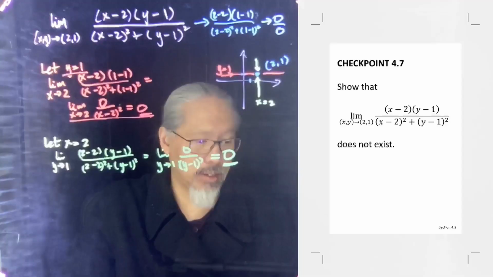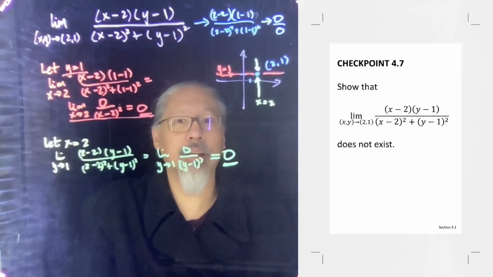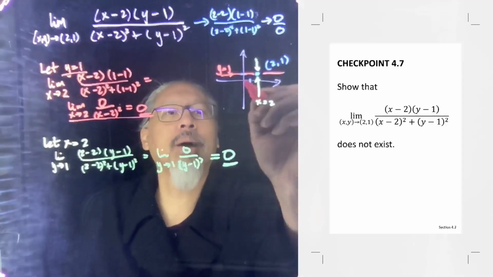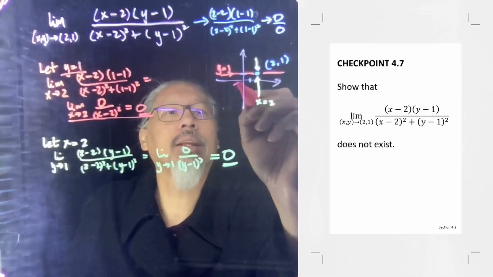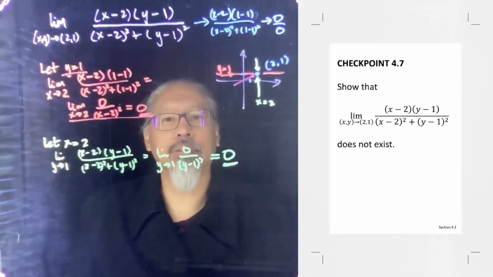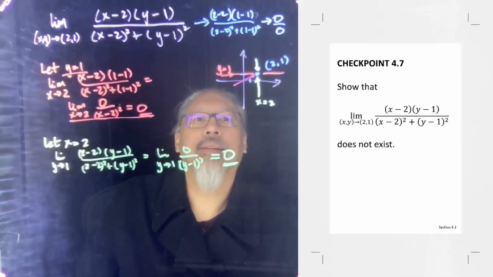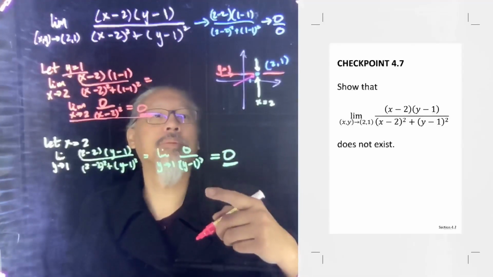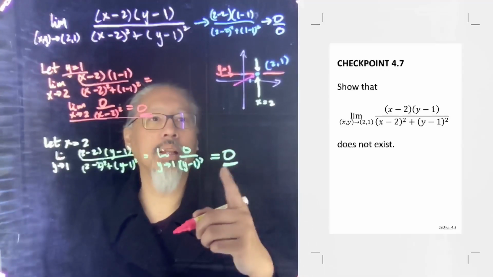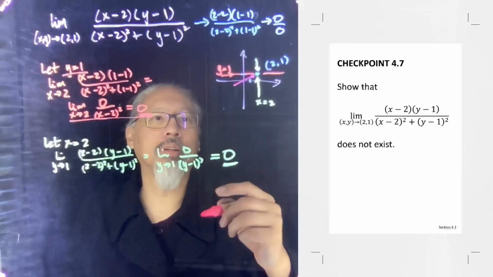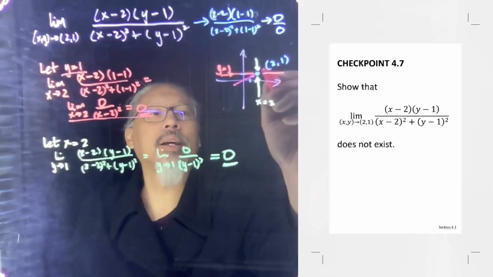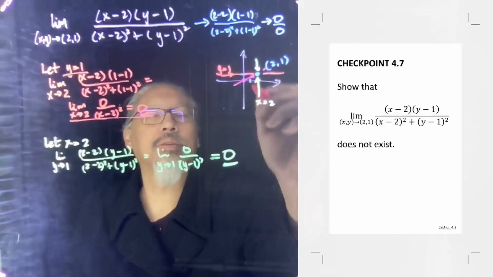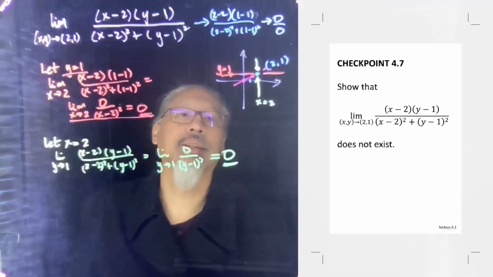And so let's try another path, and this time let's take the path that's not going to be horizontal or vertical. And there's a lot of different lines to get there, but now let's draw a line that's not horizontal or vertical. And the easiest line to get there would be a line that goes through the origin, I think.